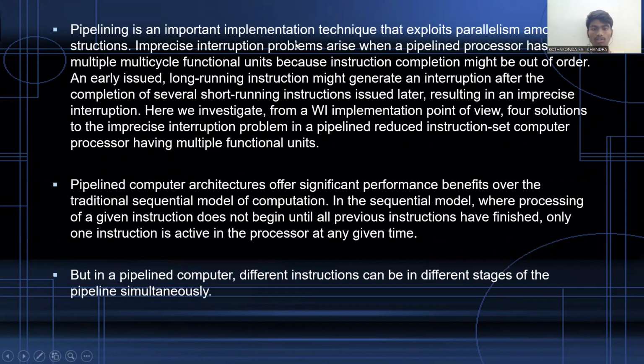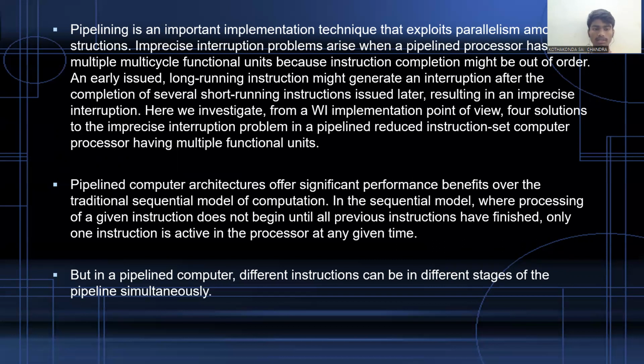Pipelining is an important implementation technique that exploits the parallelism among instructions. Imprecise interruption problems arise when a pipeline processor has multiple-cycle functional units, because instruction completion might be out of order.